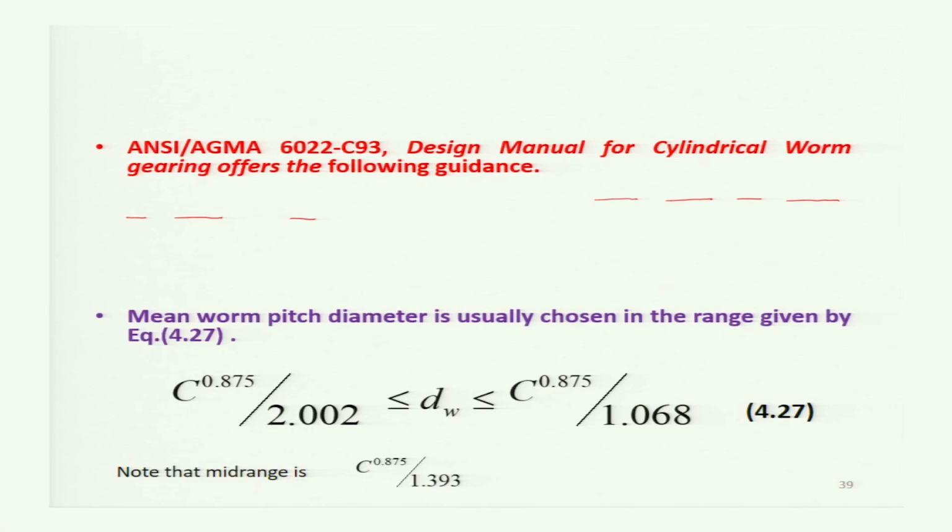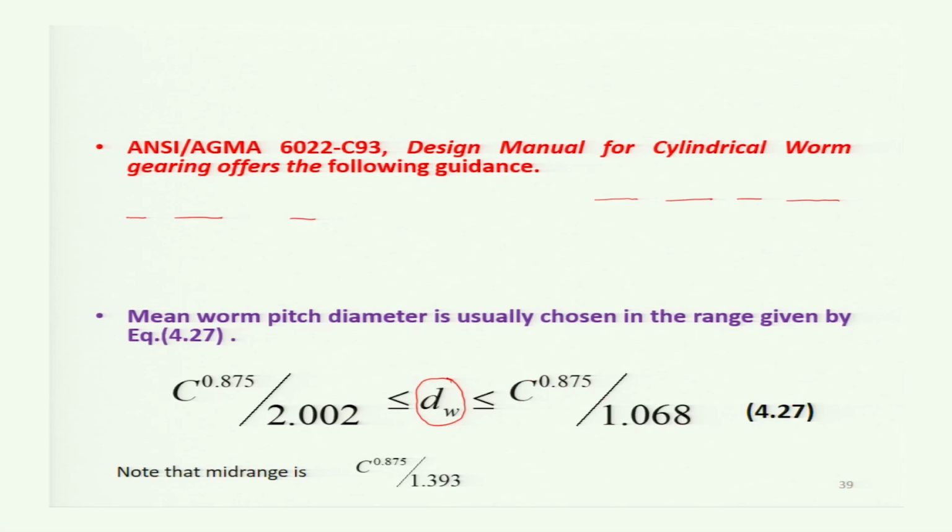Mean worm pitch diameter is usually chosen in the range given by this formula. That means the pitch diameter of the worm should satisfy this condition: it should be greater than or equal to C to the power 0.875 divided by 2.002, where C is the center distance, and it should be less than or equal to C to the power 0.875 divided by 1.068.